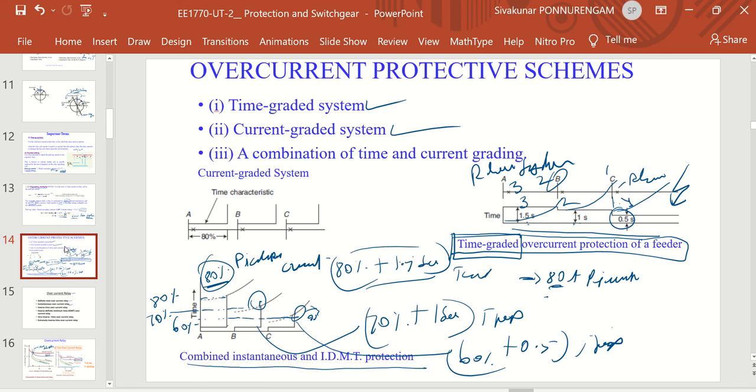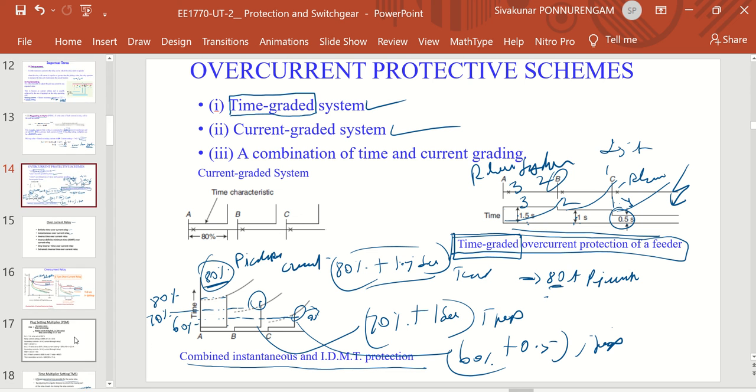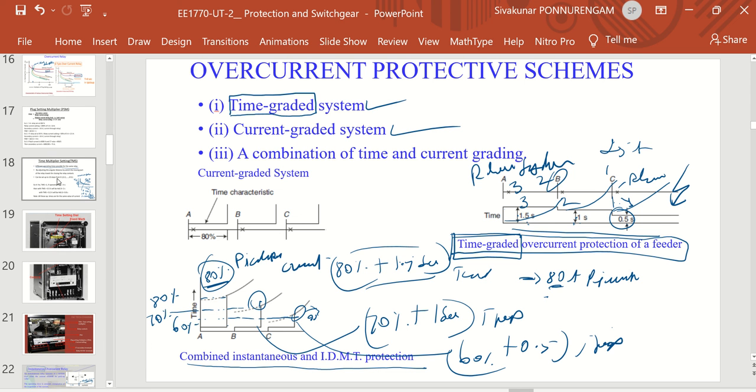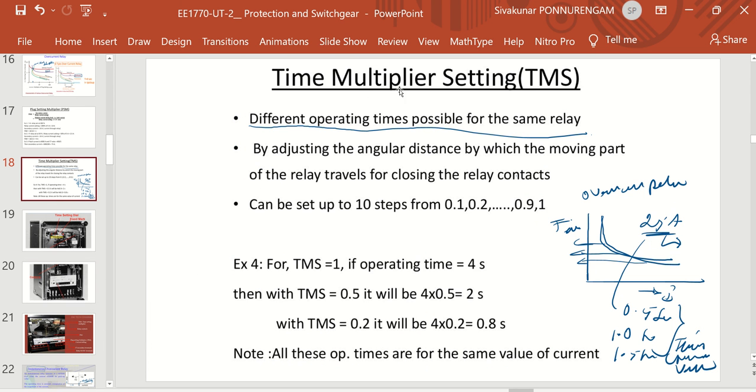For the same 25 amps current, we can achieve 0.5 second, 1 second, or 1.5 seconds by using the time multiplier setting, which some books refer to as the time setting multiplier, TSM or TMS.